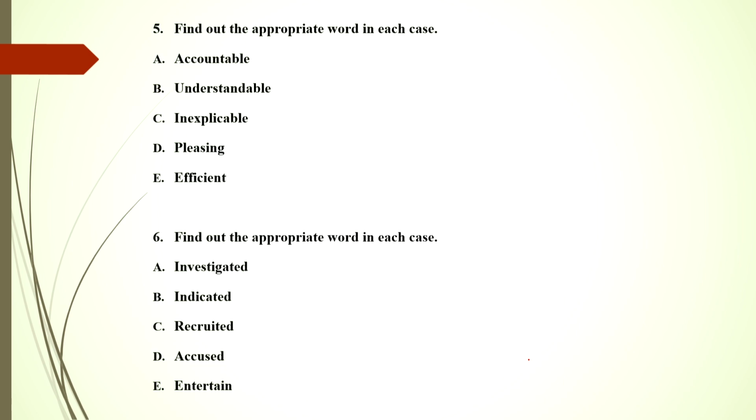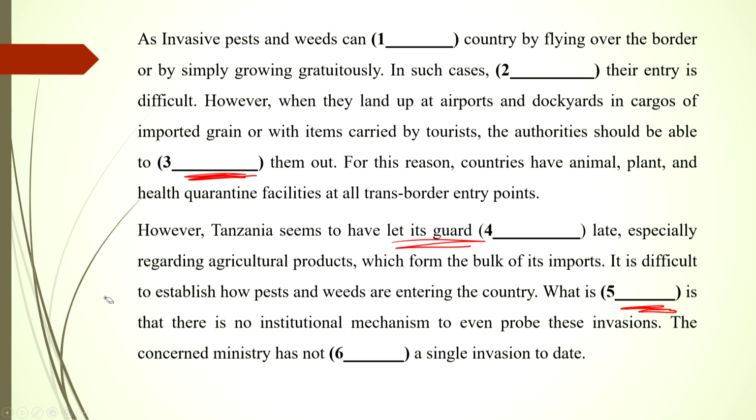Now, next is question 5. So, its answer is option C. The sentence prior to the one under concern states it is difficult to establish how pests and weeds are entering the country. So, we have the context of uncertainty with reference to the entry of pests and weeds. The concerned sentence must take the idea forward.